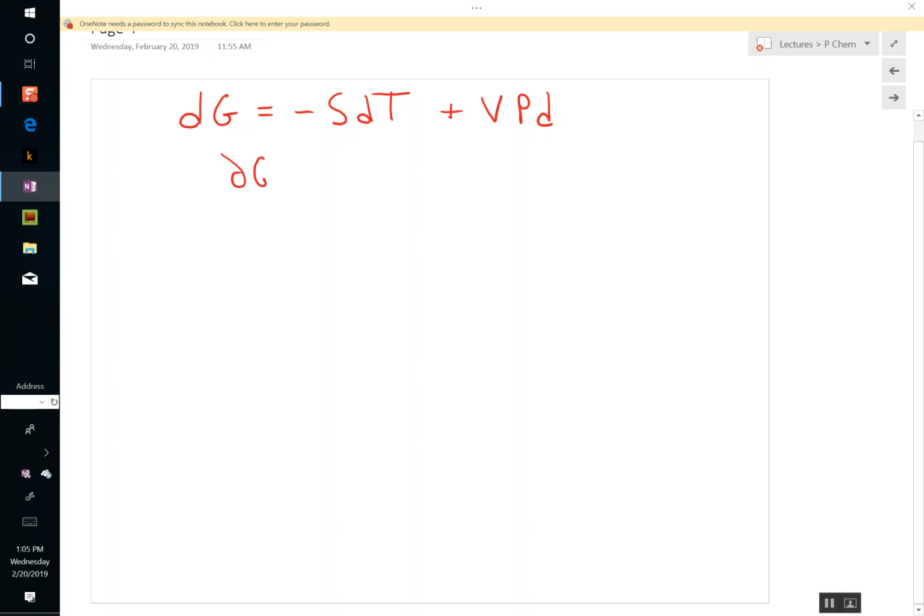For example, you can get to the partial of G with respect to pressure at constant temperature is equal to what? Okay, so if we set dT equals 0, and we take the partial of G with respect to pressure, we'd have the partial of V dP with respect to dP.